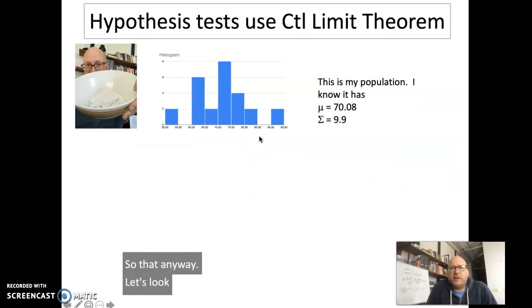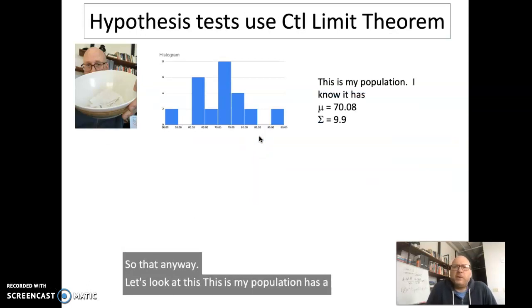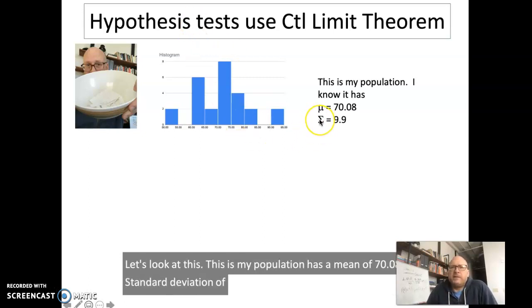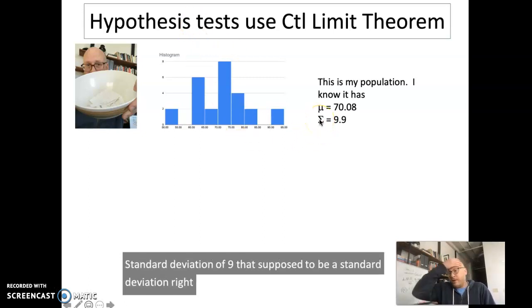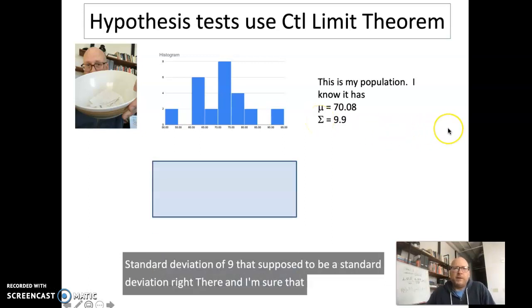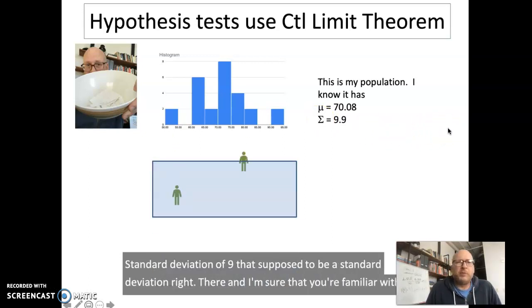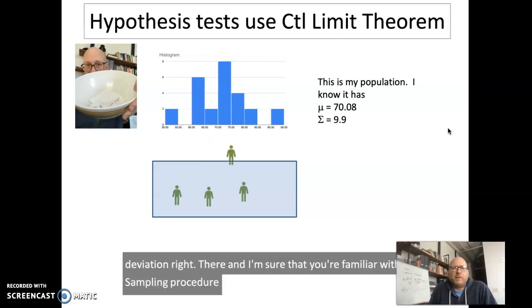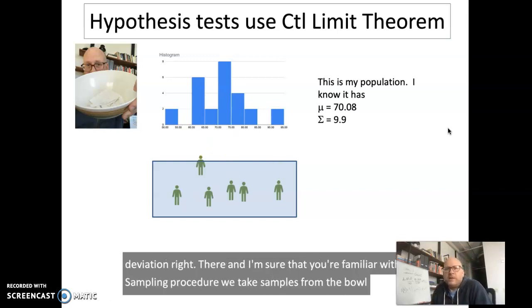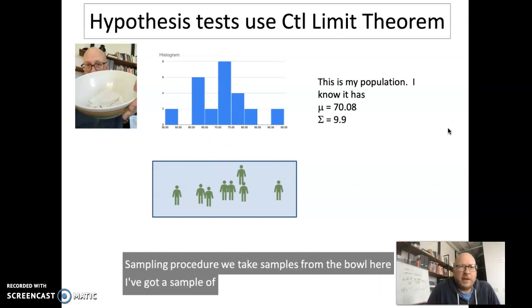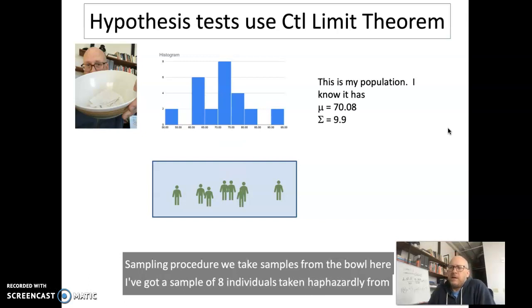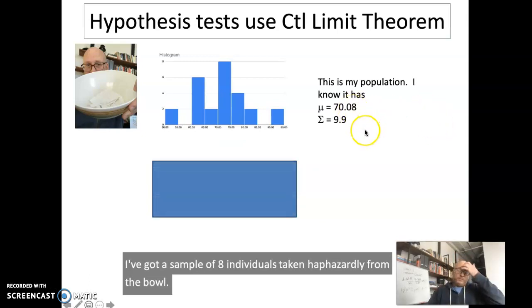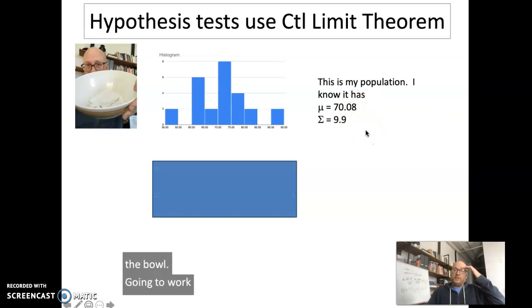So anyway, let's look at this. This is my population. It has a mean of 70.08, standard deviation of 9.9. And I'm sure that you're familiar with the sampling procedure. We take samples from the bowl. Here I've got a sample of 8 individuals taken haphazardly from the bowl. And I'm going to work a little bit of magic here.